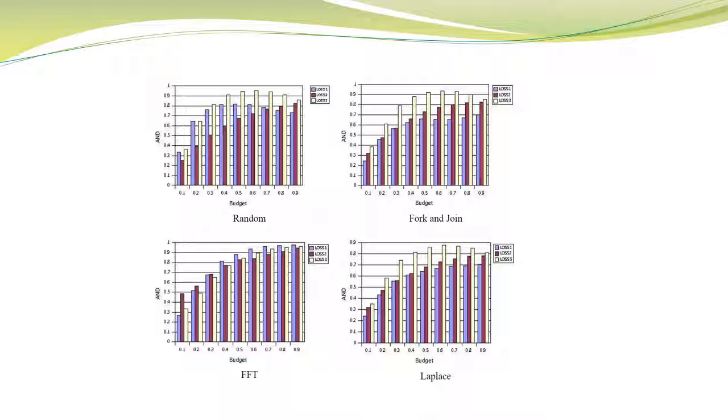This is the average normalized difference for the three variants of loss when HEFT is used to generate the initial schedule. So this is the loss approach. Here you can see four different DAGs: random, fork join, FFT, and Laplace.